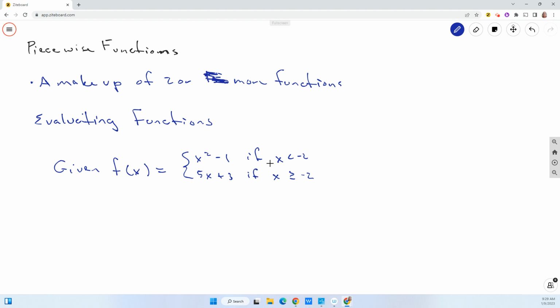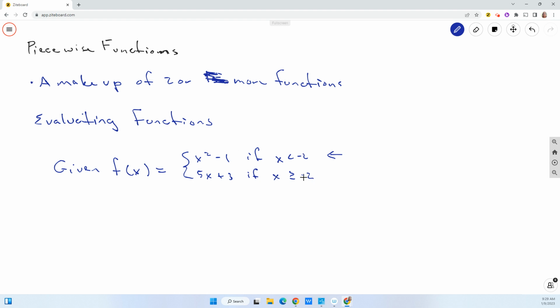What that means is we're going to look at the parameters on each piece. This one says if we're plugging in an x value that's less than negative 2, we're going to use this equation to find the value.